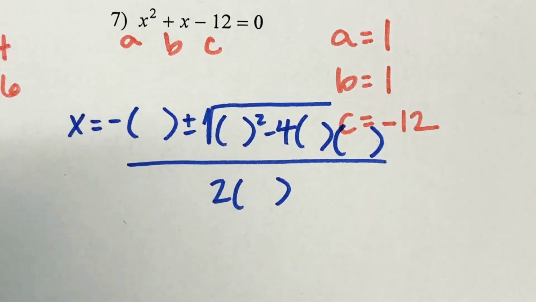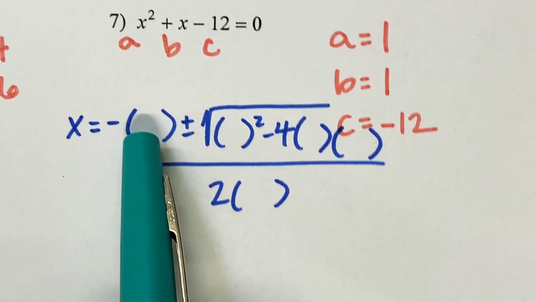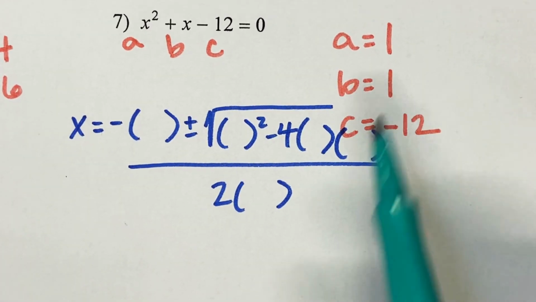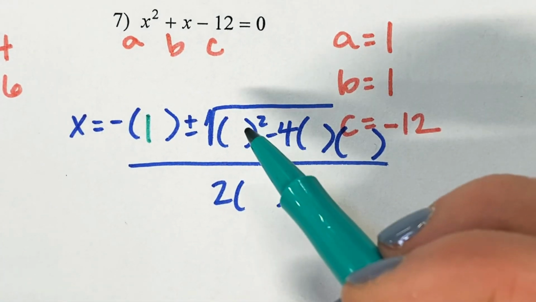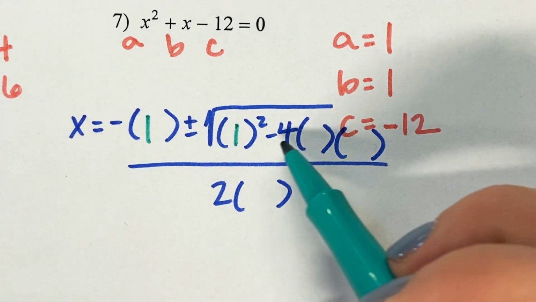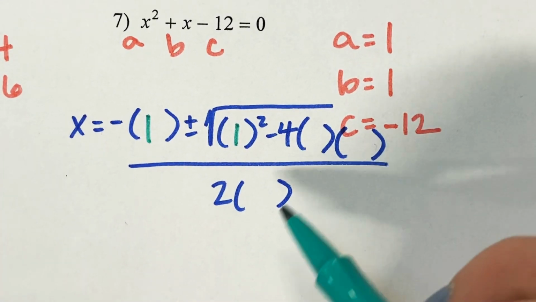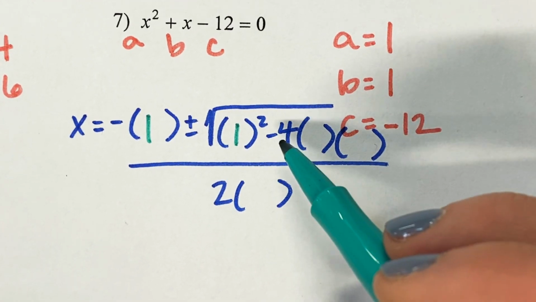Okay, so let's fill in these blanks. First one, x is equal to -b, so what's my b? 1, plus or minus the square root of b squared, b is 1, minus 4ac, guys, you're actually hearing me sing right now, it's crazy.